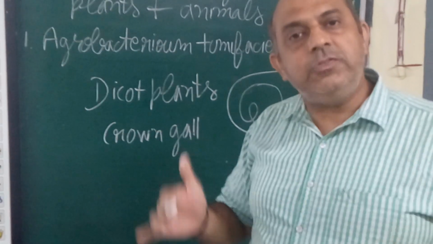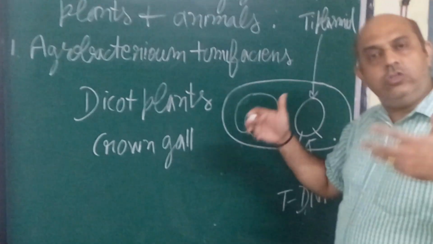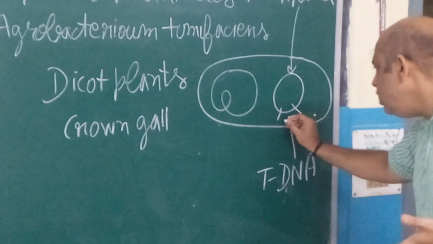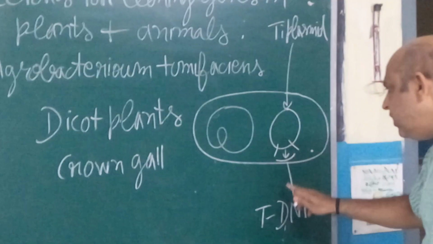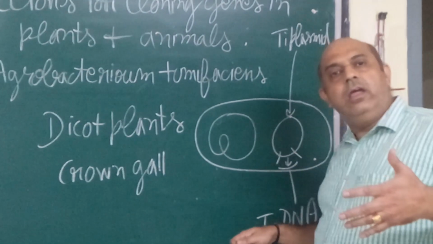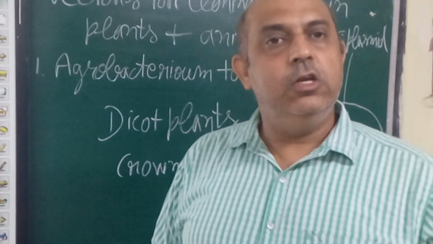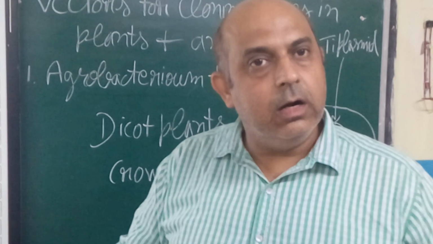The scientists observed that Agrobacterium tumefaciens replicates a new piece of DNA from tDNA and transfers this piece of DNA, the tDNA, into the genome of the dicot plant, into the nucleus of the dicot plant, and the rest is over.